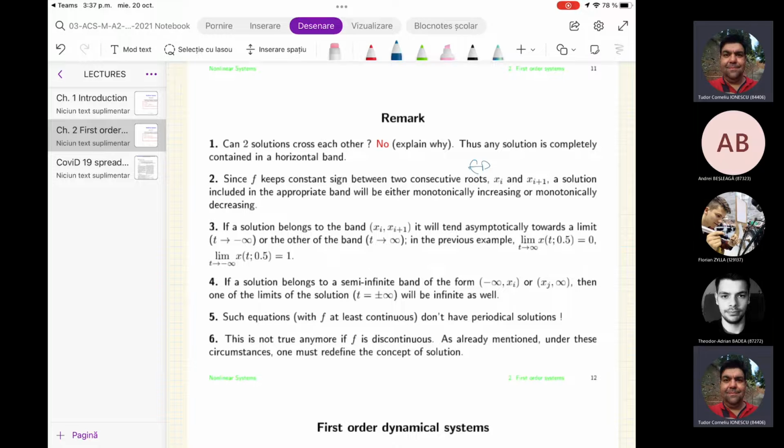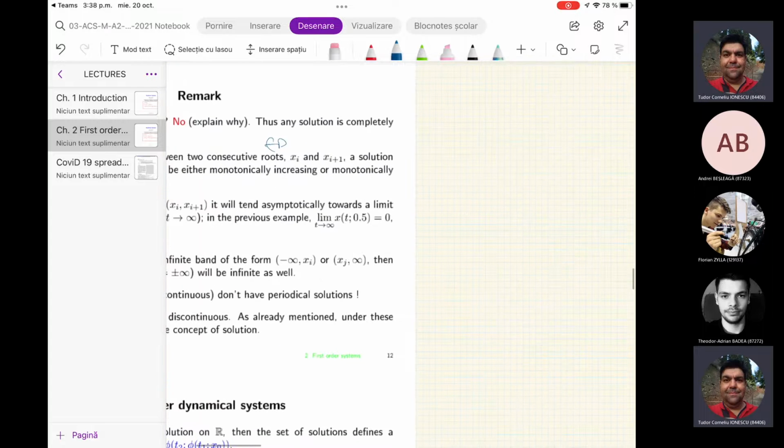So in this case, you typically get a finite escape time. That's what it says here. So if the solution belongs to such a band, there's always a finite escape time occurring.